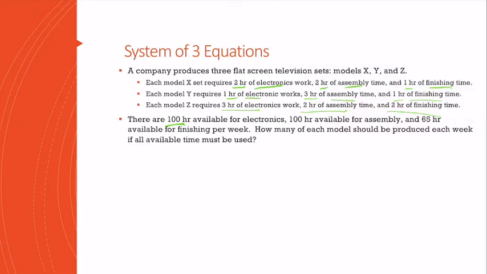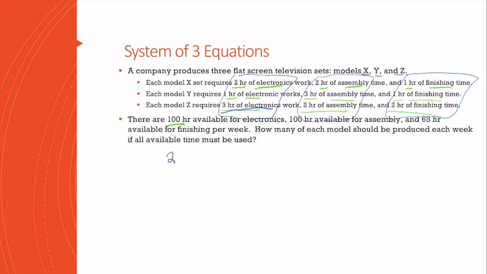So we're going to have to set up 3 equations. We're going to have an equation for electronics work, assembly, and finishing time. And where these 3 equations intersect will tell us the exact amount of models X, Y, and Z that we can produce.